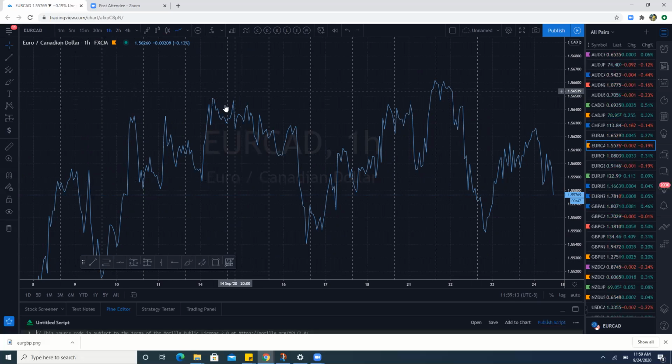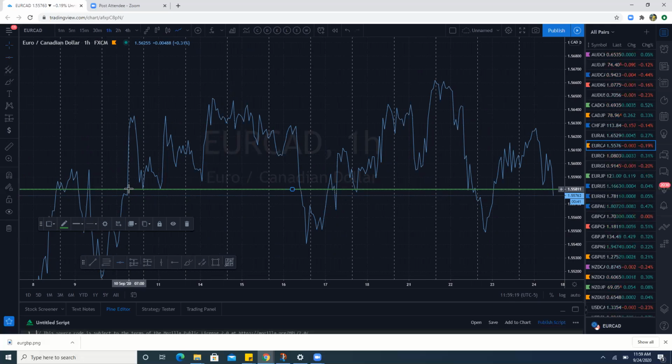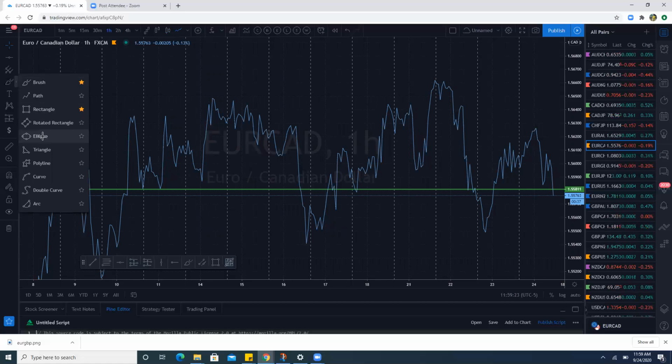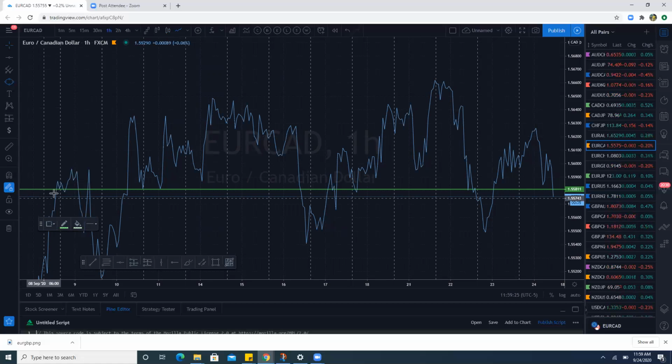So the very first one that pops up to me is this area here. And that's a strong move, so that counts too.